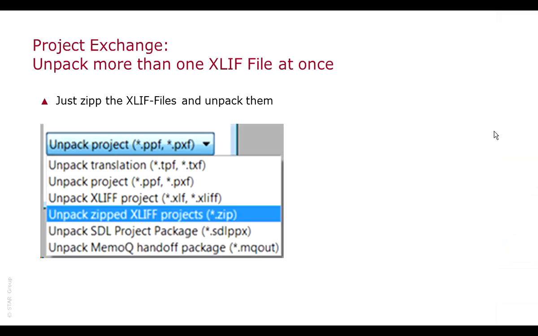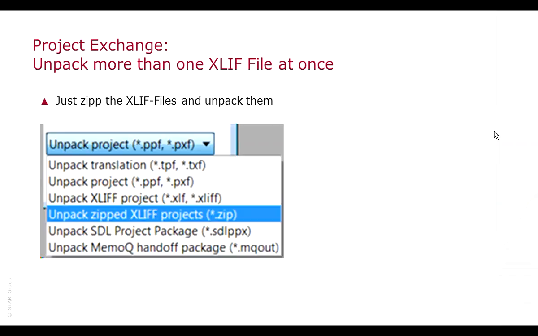The next one is also in the area of Project Exchange. You can unpack now more XLIF files at once. Since an XLIF file is a package as itself, it has been seen rather like one single PPF.